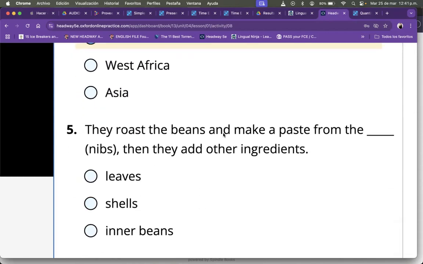They roast the beans and make paste from the leaves, nibs, shell, or inner bean? Nibs. Shells or inner beans? Inner beans. Inner beans, okay.